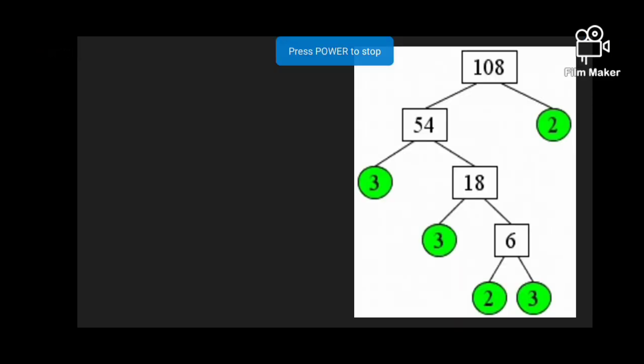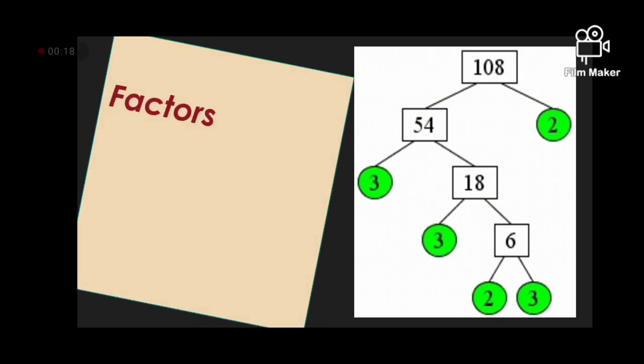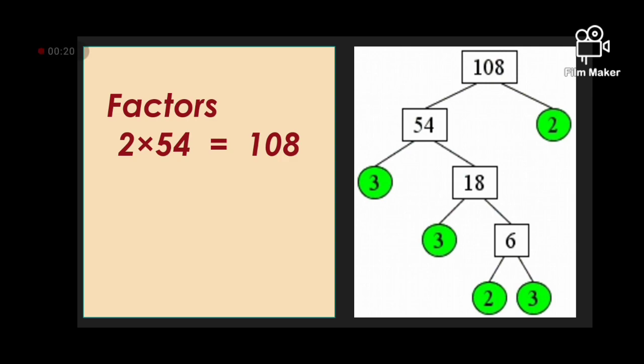The prime factors of 108. First we will split 108 into 2 factors, 54 and 2. 54 2s are 108. 2 is a prime number, 54 is a composite number. It means we have to split 54 into 2 more factors, that are 3 multiplied by 18. 3 18s are 54. Now 18 is also a composite number.